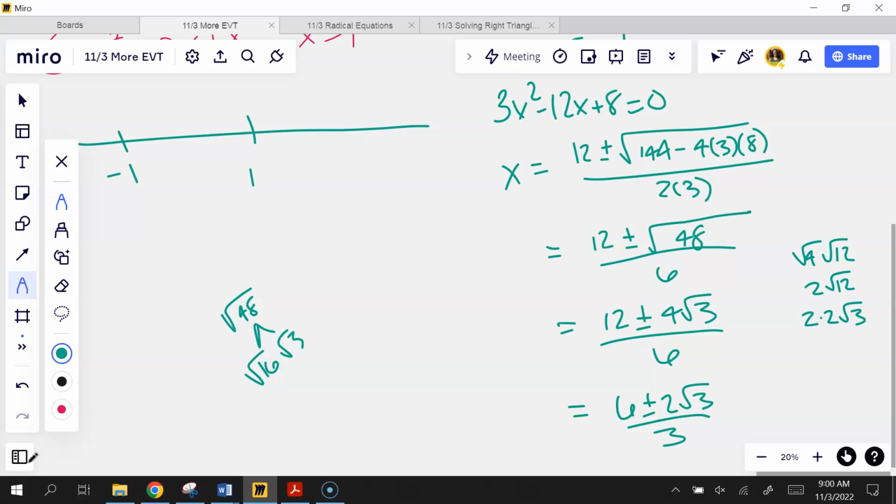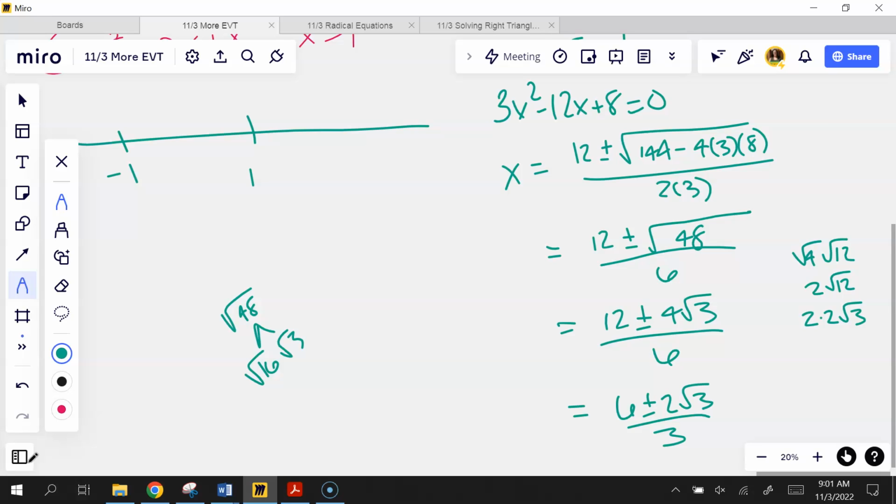Okay. I need to know approximately what these are going to be. A little bit bigger than, let's see, that'll be 2 plus 2 to around a little bit more than 3, getting close to 4, maybe.